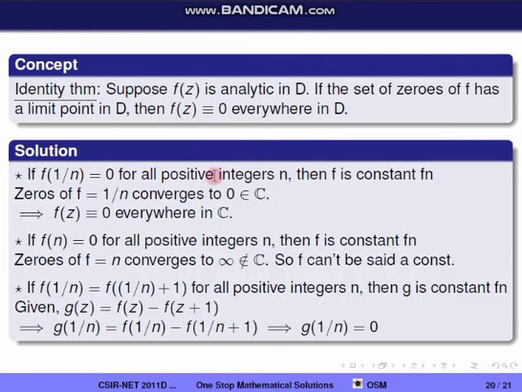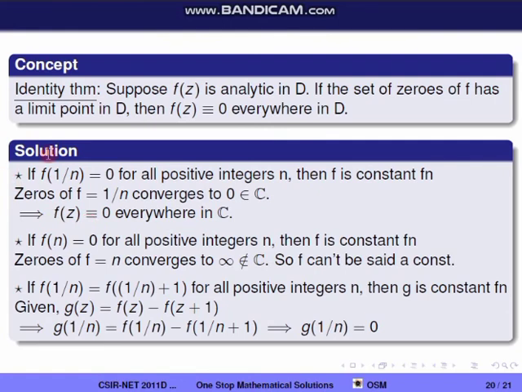The first option: f of 1 by n is equal to 0 for every positive integer n implies f is a constant function. First of all, find the zeros of f. The zeros of f are 1 by n, and the points 1 by n converge to the point 0, which is an element of C. Therefore, by the identity theorem, f of z is identically 0 everywhere in C. That is, f of z is a constant function.